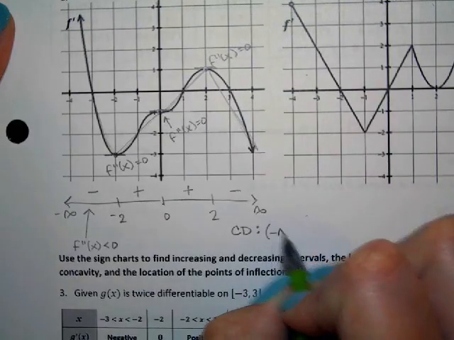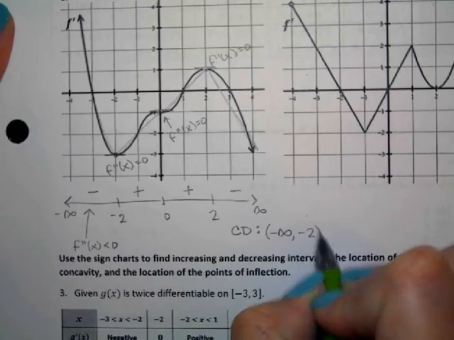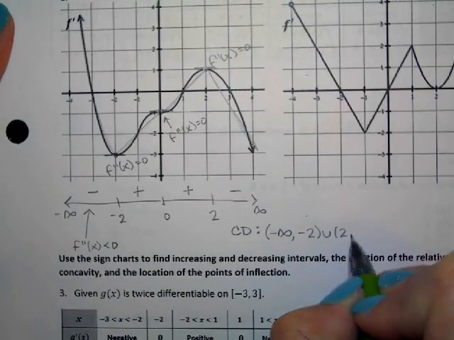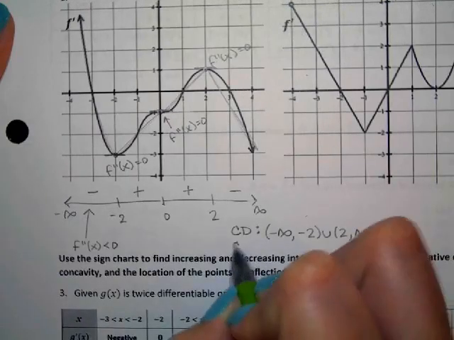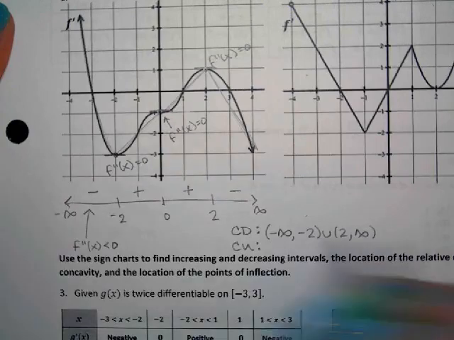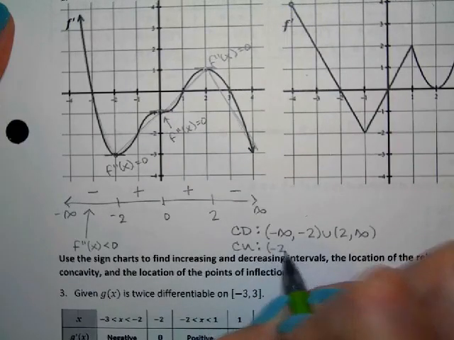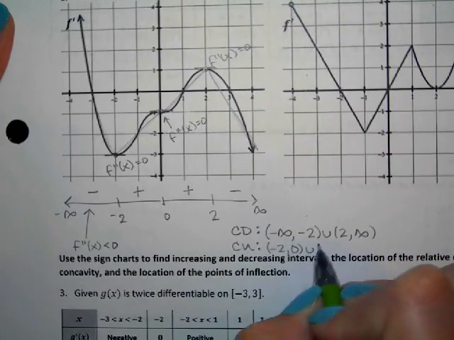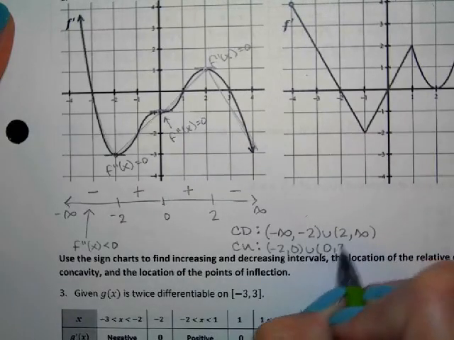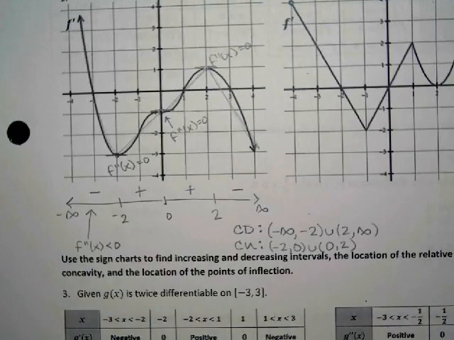Negative infinity to negative 2 and 2 to infinity, okay? And it's concave up from negative 2 to 0, and 0 to 2.